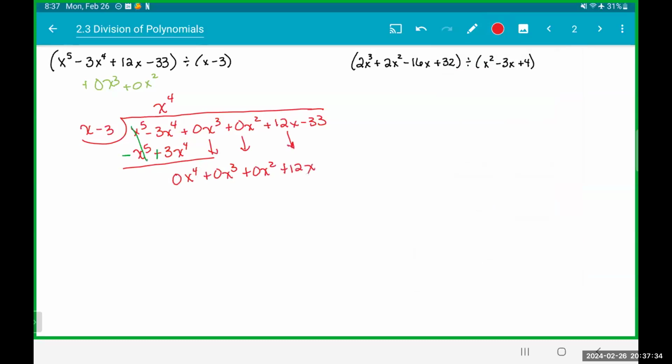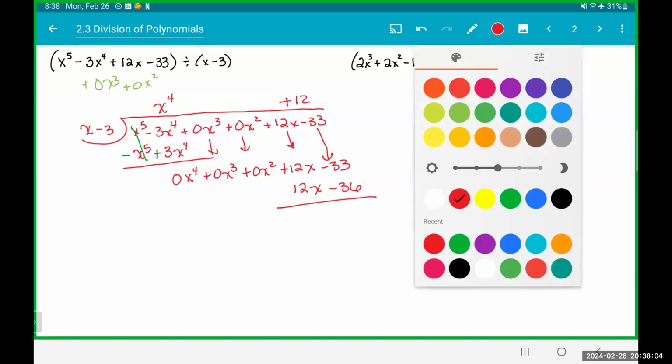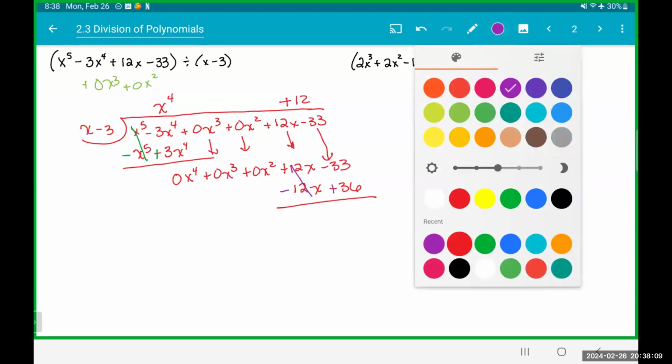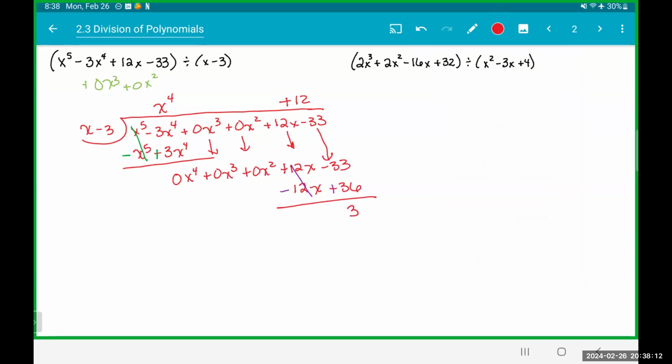Okay, so now we have something we can do. What do I need to multiply this by? I need to just multiply it by a plus 12. So 12 times x gives me 12x minus 36. I could have brought this minus 33 down here. And so now I need to change the signs. This goes away. And I am left here with a positive 3.